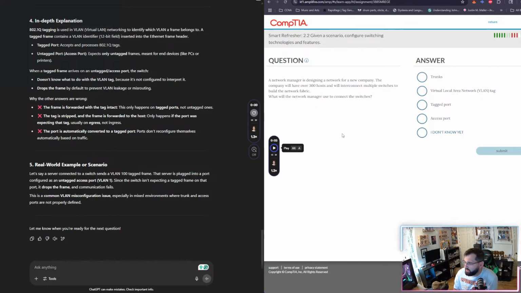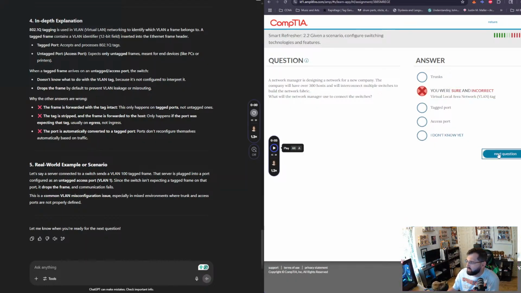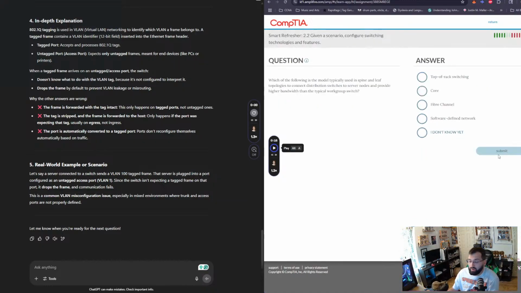Oh, it's just going to use VLANs. No? Is it trunks? I'm not going to lie, I have a hard time understanding trunks too.